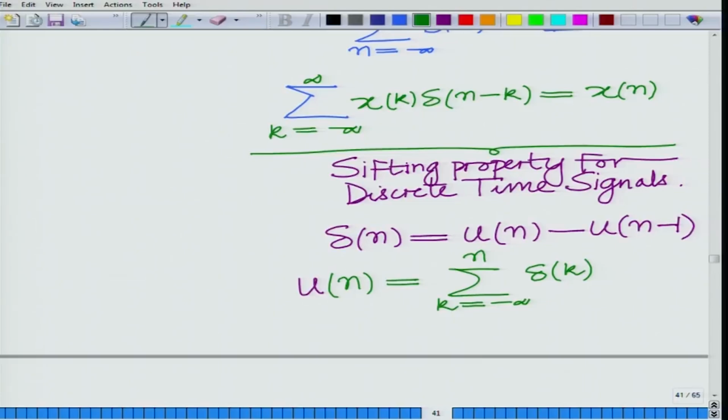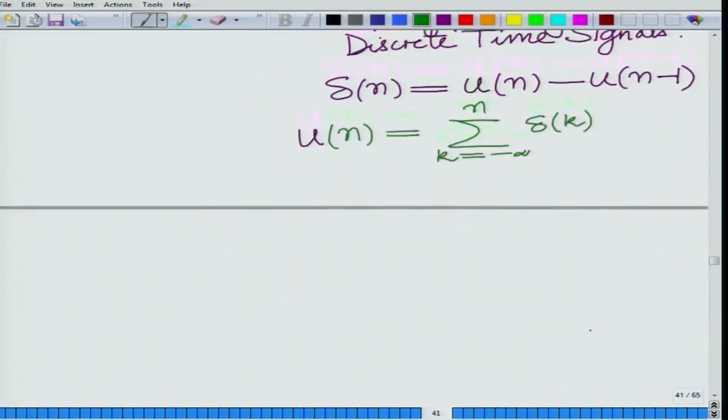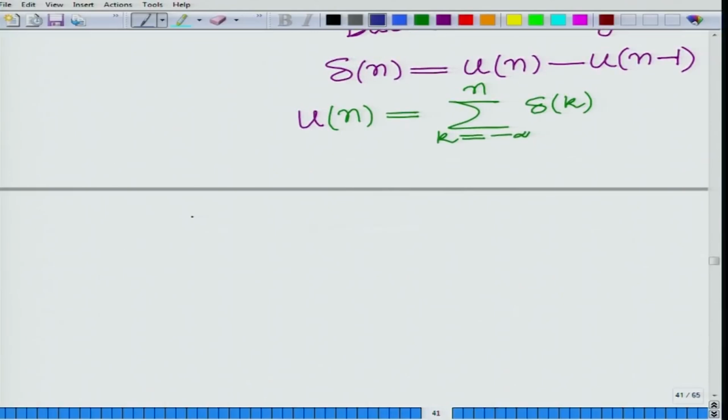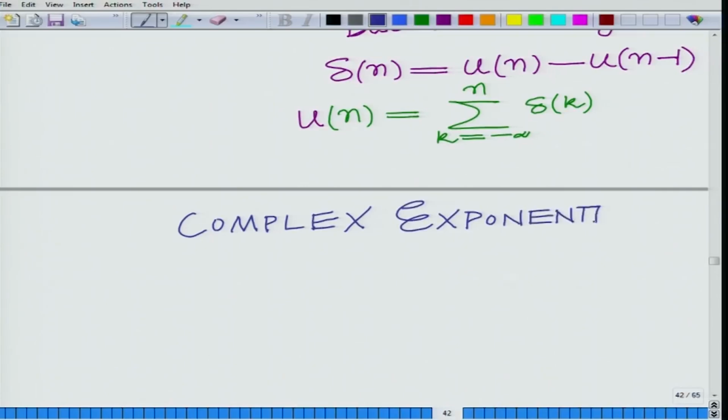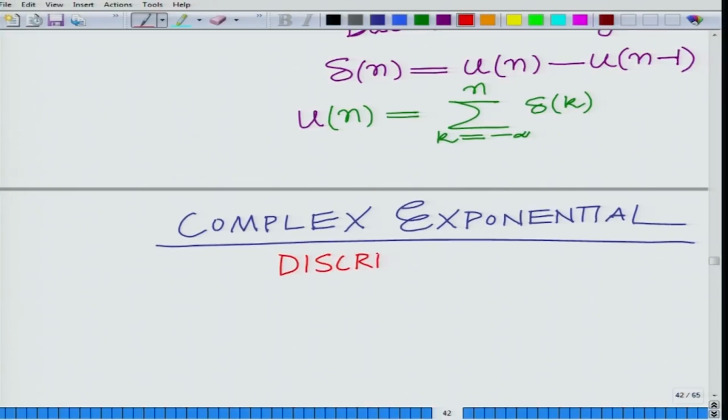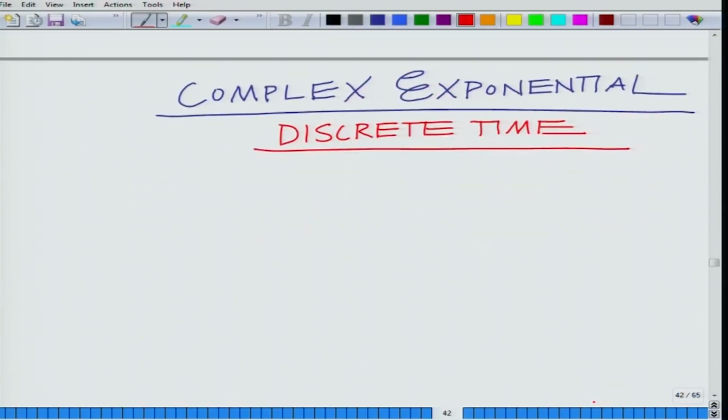And finally, we have the complex exponential discrete time signal, a discrete time complex exponential, which is defined as follows.